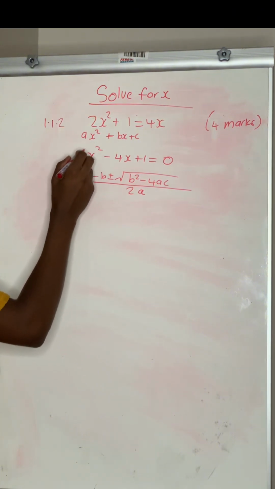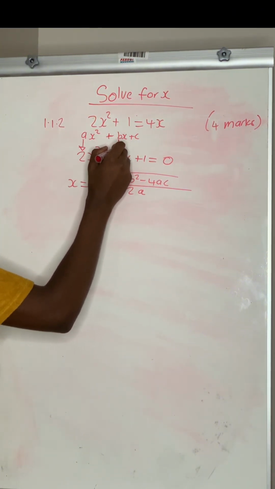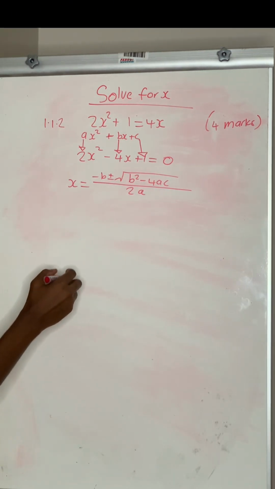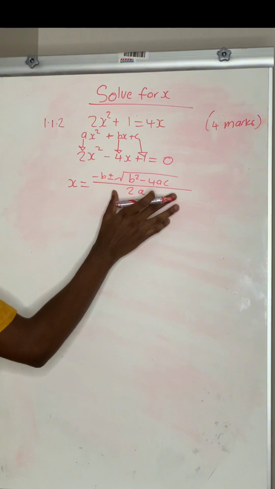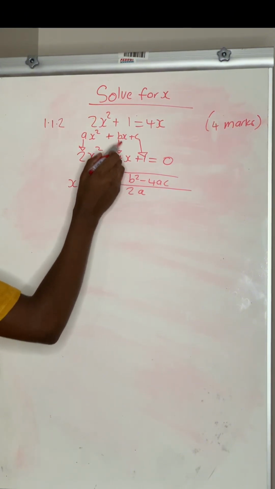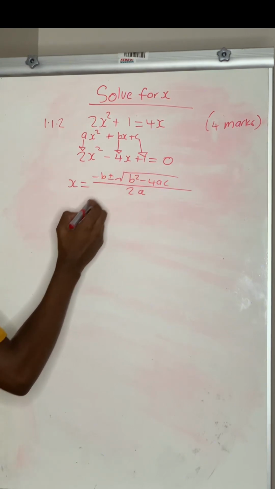So our a in this instance is positive 2, our b is negative 4, and our c is positive 1. Wherever you see an a in this formula, you're going to substitute positive 2. Wherever you see a b, you substitute negative 4. And wherever you see a c, you substitute positive 1.